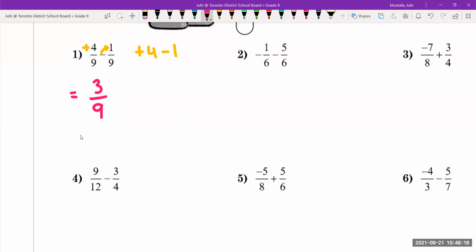Once they're matching, you keep them the same. Is this our final answer, 3/9? Ari? Yep, and how would we simplify it? Good, and so our final answer would be 1/3.